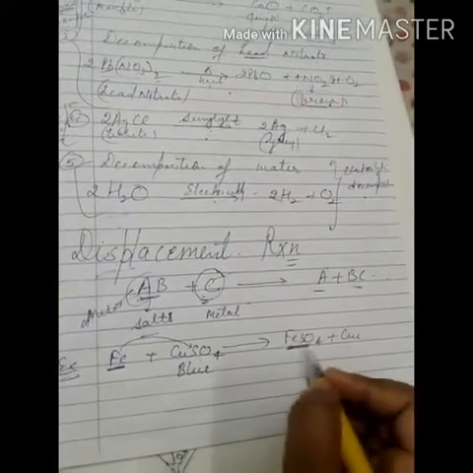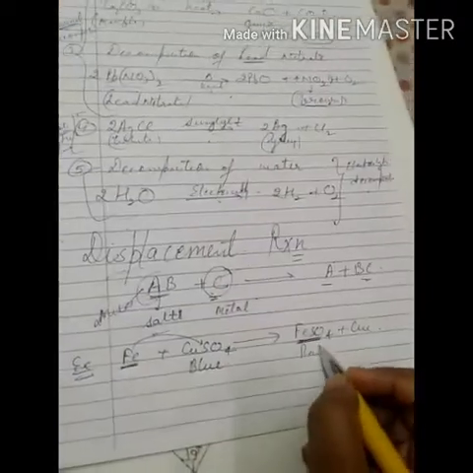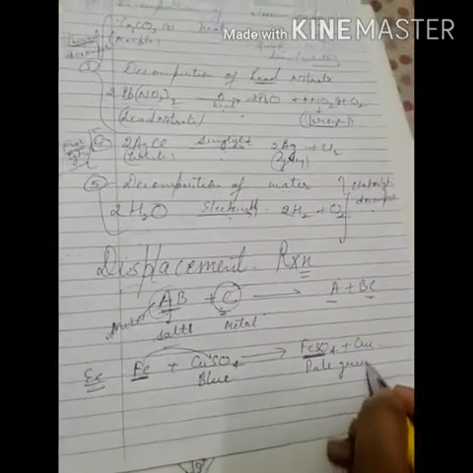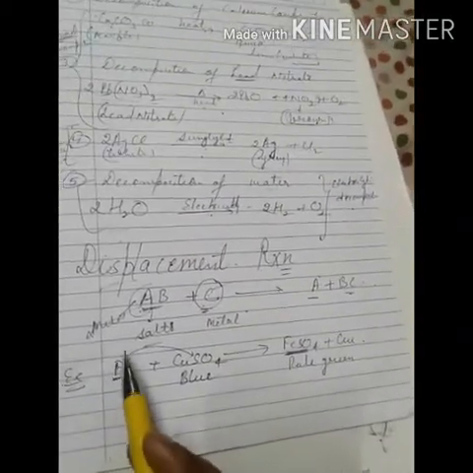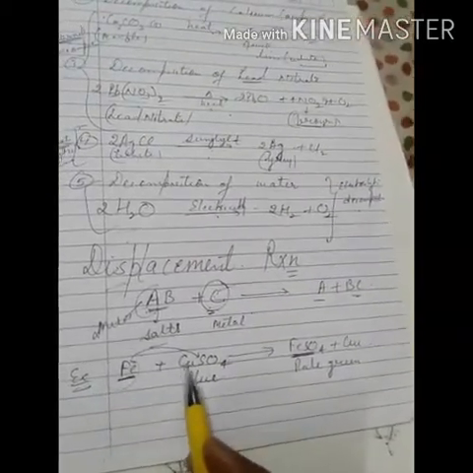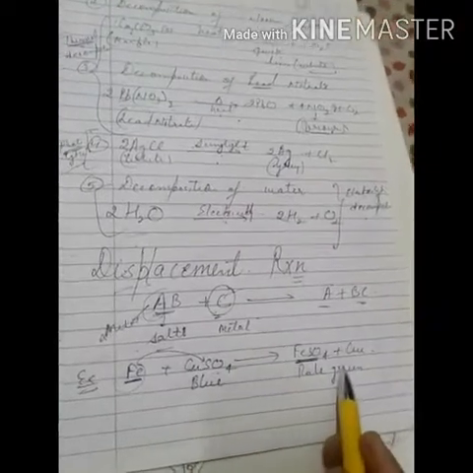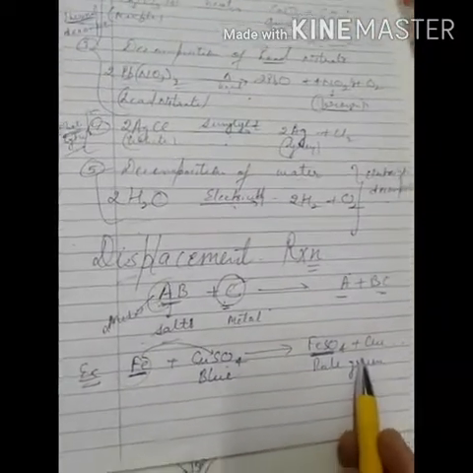Now its color is not blue, it is a pale green color, which we studied in the previous decomposition reaction. Such a type of reaction in which one metal displaces another metal from its salt is known as a displacement reaction. Done.